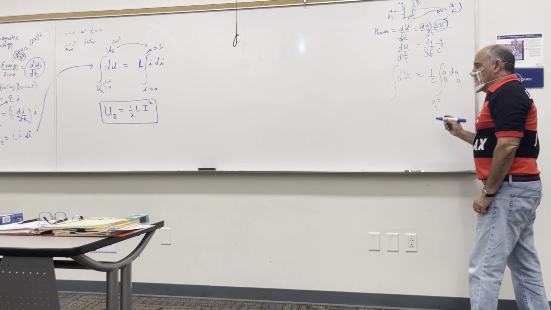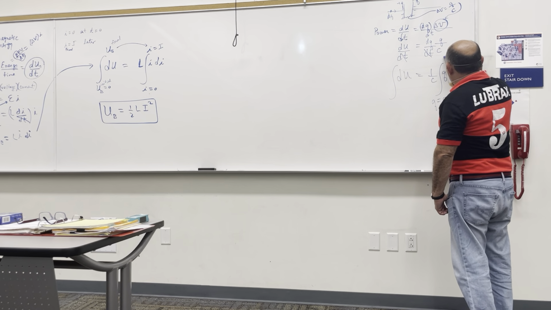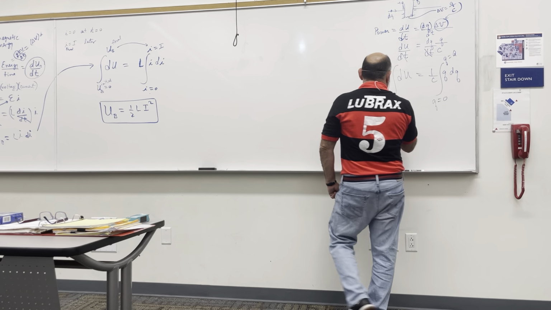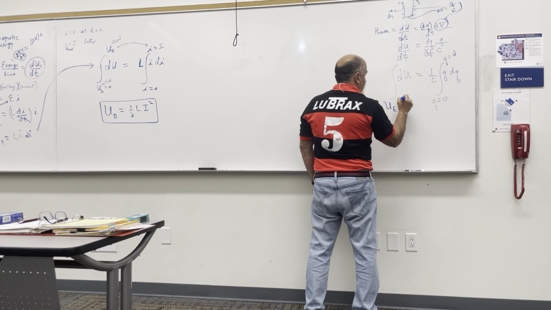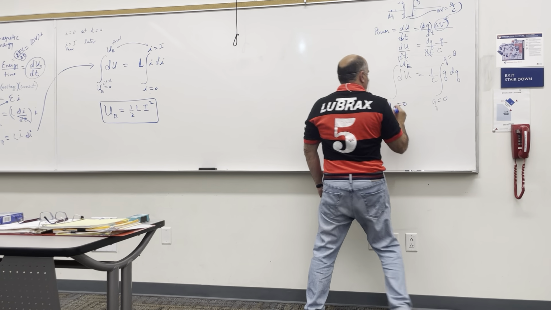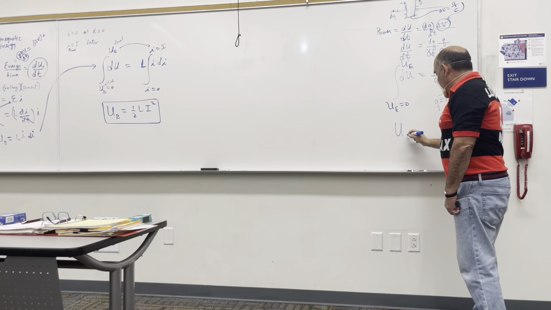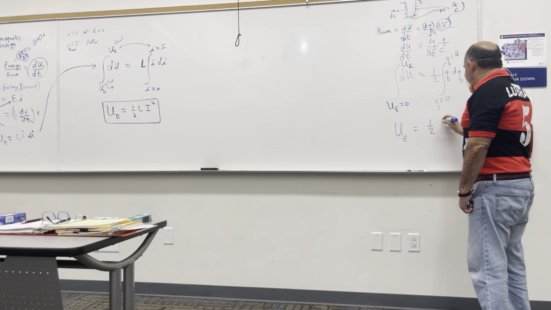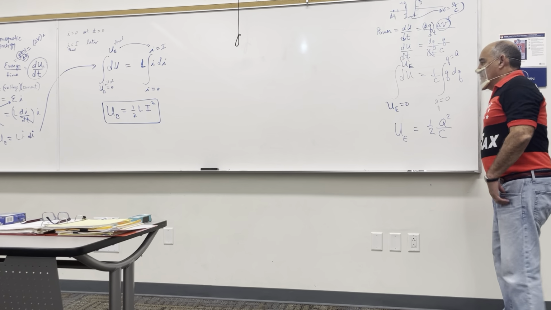Well, let's say the capacitor starts with 0 charge, and this is the final charge in it, capital Q, and initially the energy is 0, and this is the final energy. So the electrical energy stored in the capacitor is 1/2 capital Q squared over C.